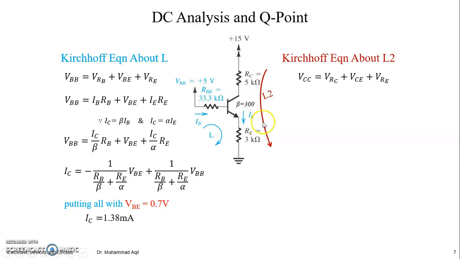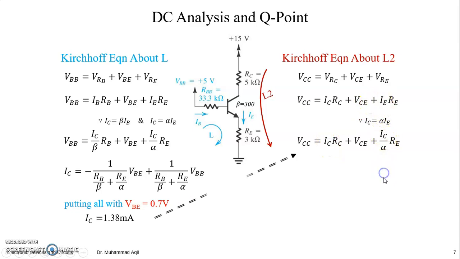Now write Kirchhoff's equation about this loop. So VCC = IC RC + VCE + IE RE, right? Now IC RC, IE RE in the form of voltage, in the form of Ohm's law relations. By using this collector to emitter current relation, we can replace this emitter current with the collector current. Right now, we already have IC.